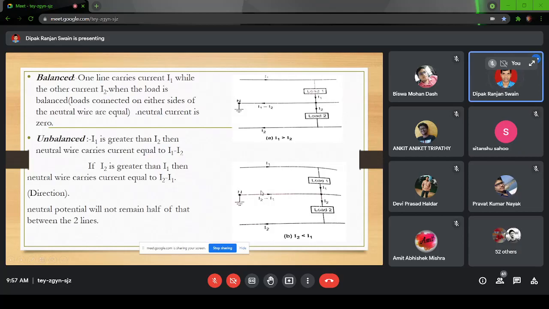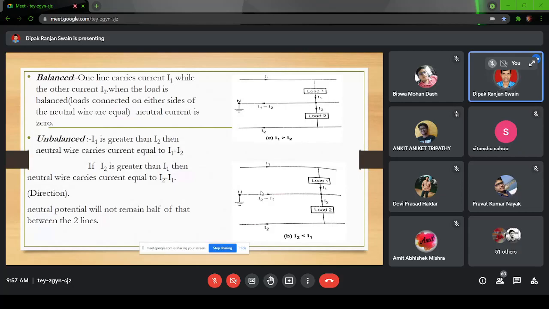So always in three-phase AC also, we try to balance the system, because we don't have control on the consumer side. How much load the consumer will use at a particular instant, generally we don't have a control on that. But we try to balance that system by distributing the total load equally into three phases.